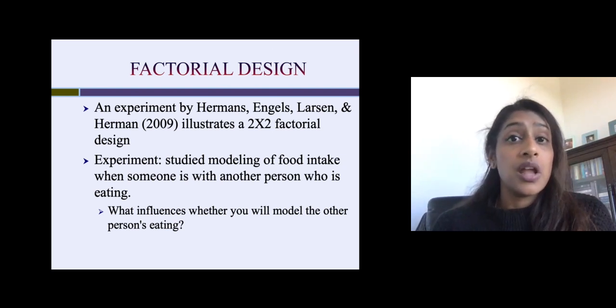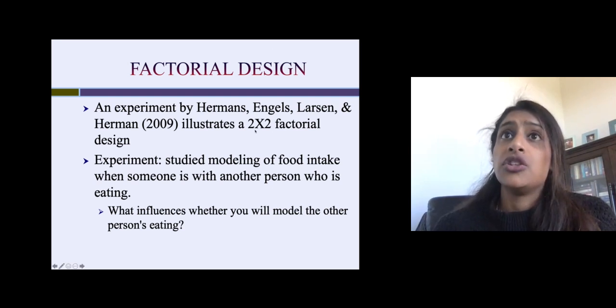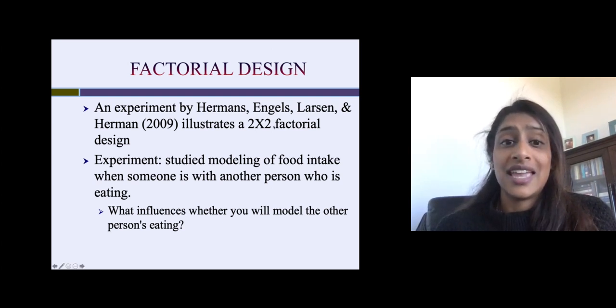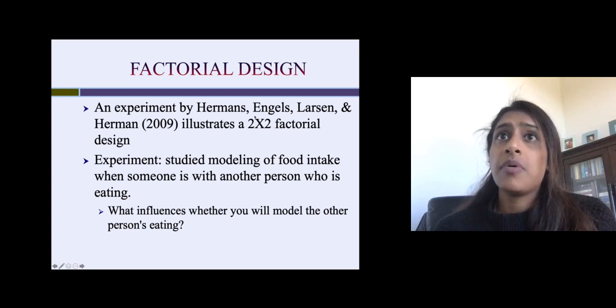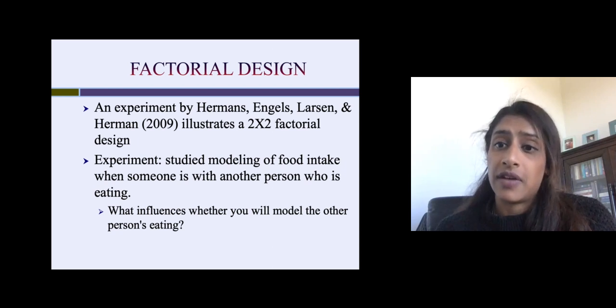Here, we're going to do another 2x2 factorial design. So again, the 2 and the 2 indicate how many levels of our independent variable. The number of different numbers we have in our equation tells us how many independent variables.